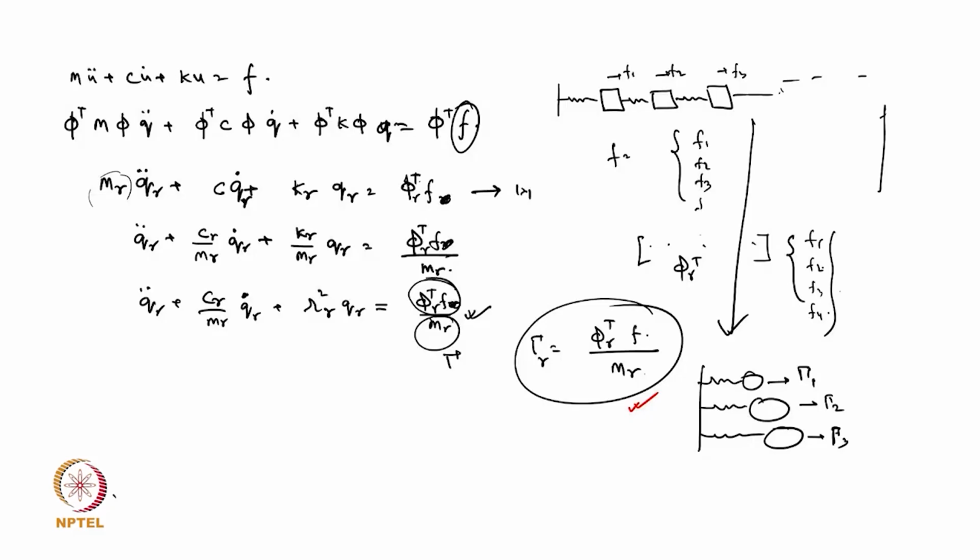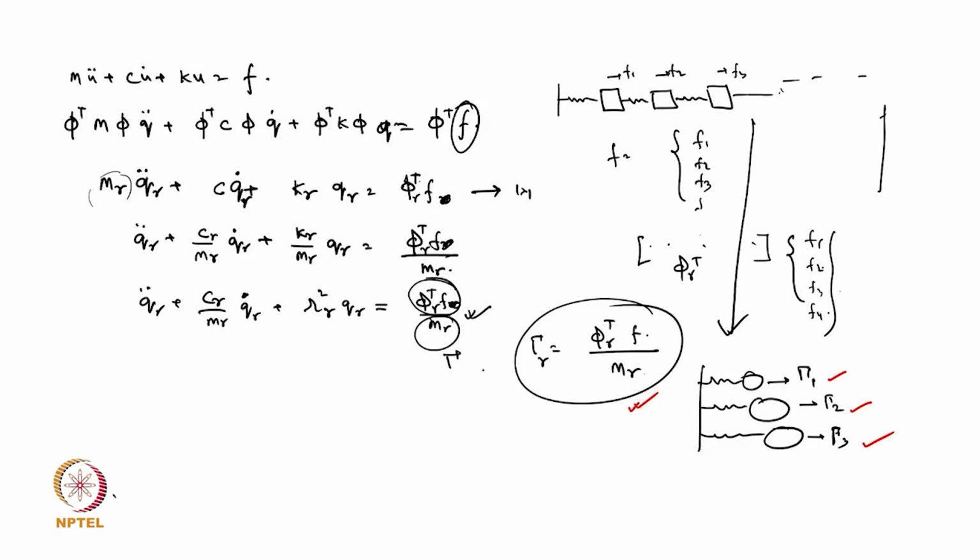The rth mode means we can say the rth single degree freedom system also, because each mode corresponds to one single degree freedom system. The first mode corresponds to this, the second mode to this, the third to this, like this. So when we say rth mode, that corresponds to one single degree freedom system, and this is the participation factor.